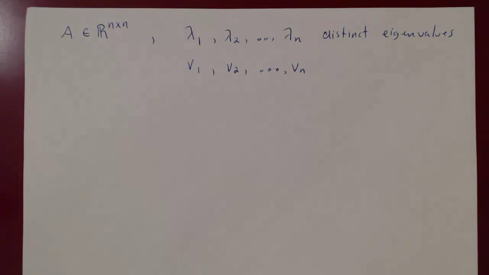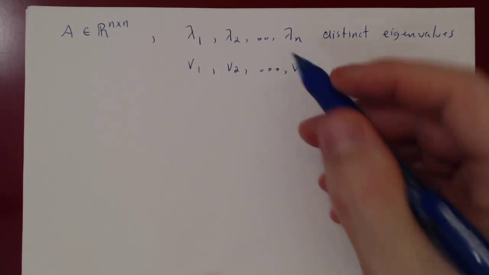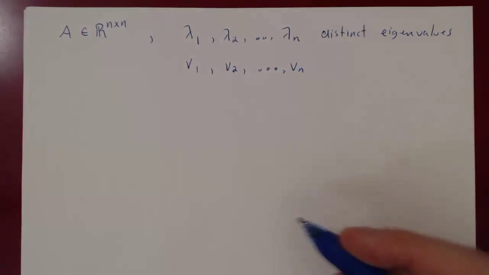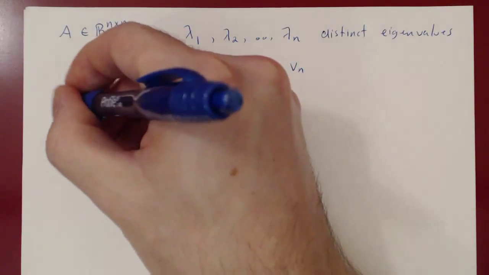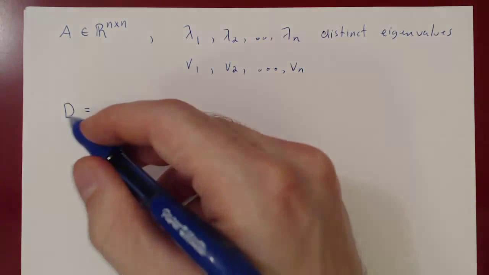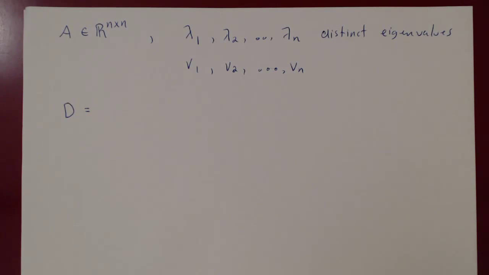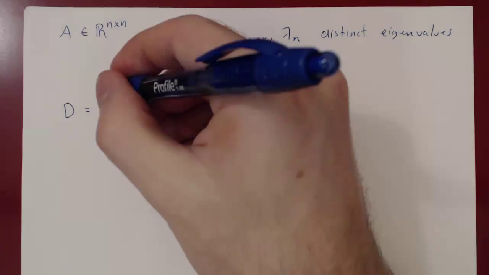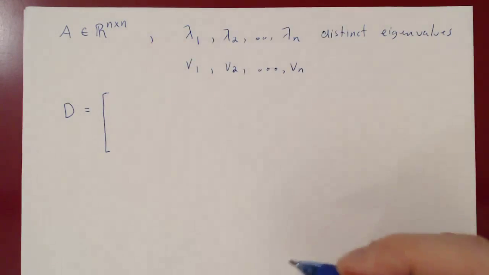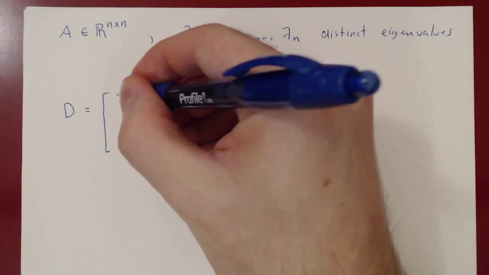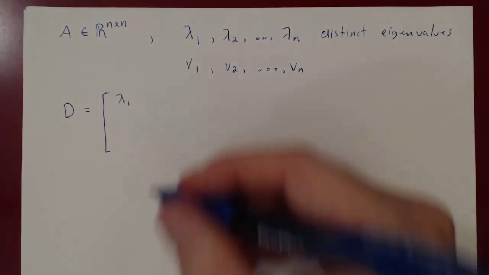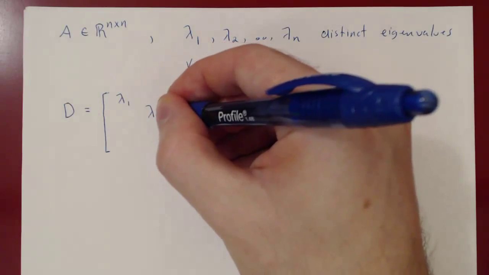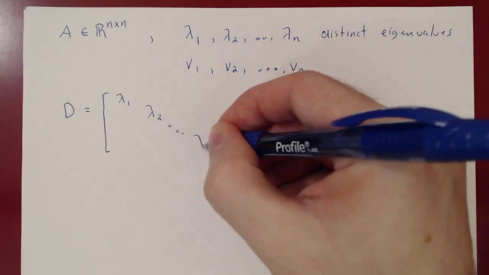Here's the following result that will be at the core of the application of eigenvectors and eigenvalues. We will construct two matrices. The first one we call D, and we use D because it will be a diagonal matrix. It will be zeros everywhere except on the main diagonal. So the matrix D will have lambda 1 on the first entry of the diagonal, then lambda 2, all the way down to lambda n.